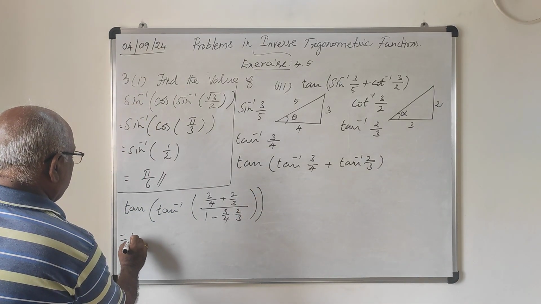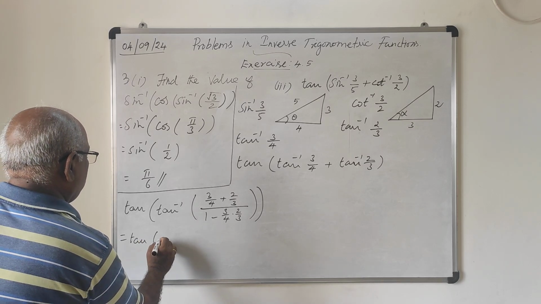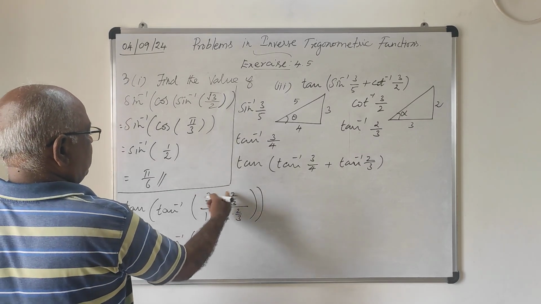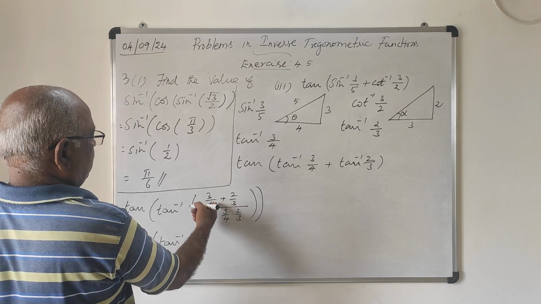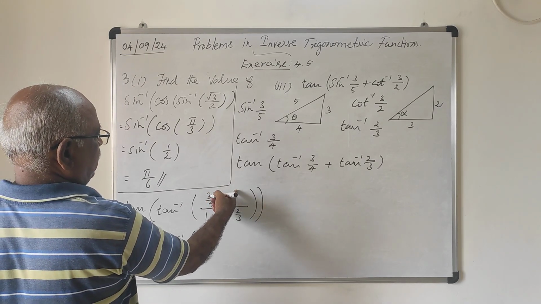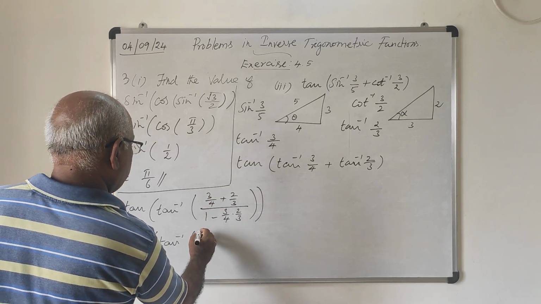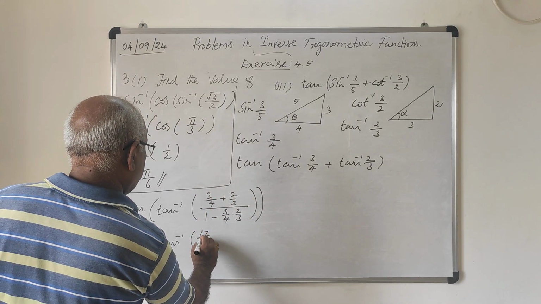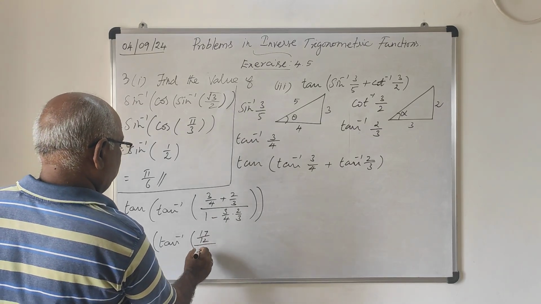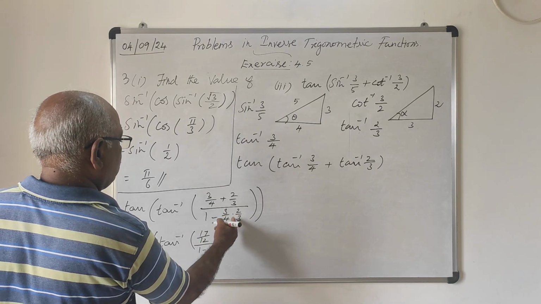This is again equal to tan inverse of this. Taking LCM as 12, you get 3 4s are 12, 3 3s are 9, 4 3s are 12, 4 2s are 8, 9 plus 8, 17 by 12, divided by 1 minus 6 by 12.